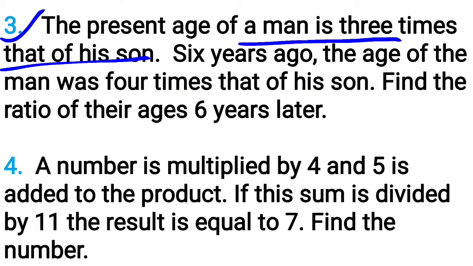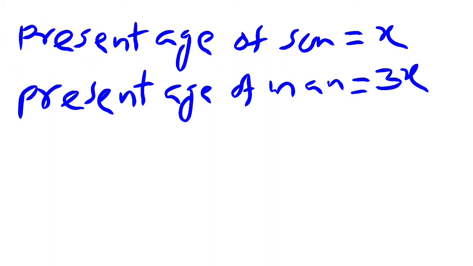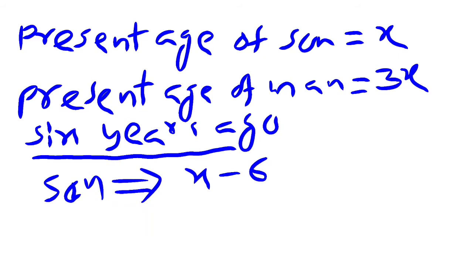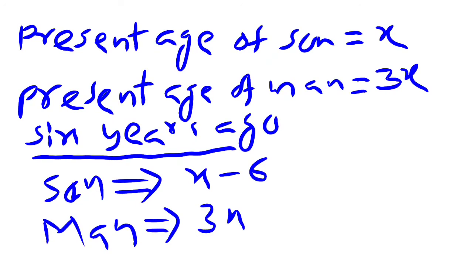Next, 6 years ago, let's find the ages of the two persons. 6 years ago, the son's age will become, we have to subtract, so x minus 6, and the man's age is 3x minus 6.